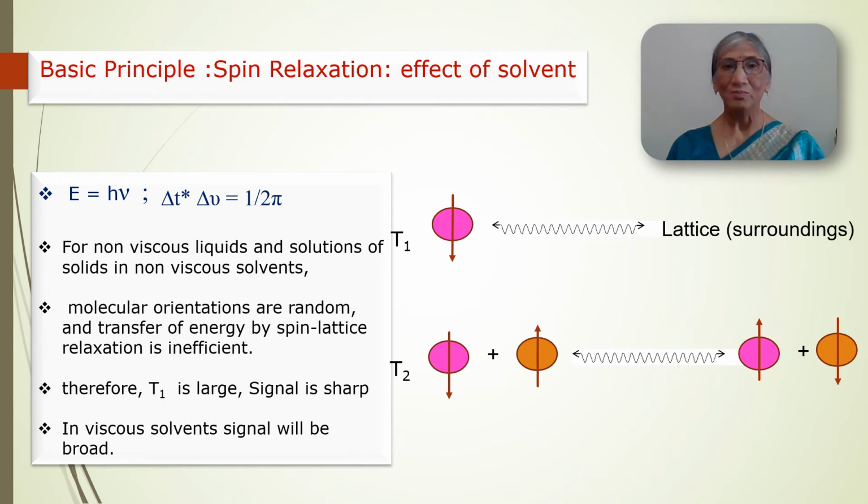At the same time, if the solvent or the sample liquid is very viscous, then T1 will be small and the signal will be very broad.